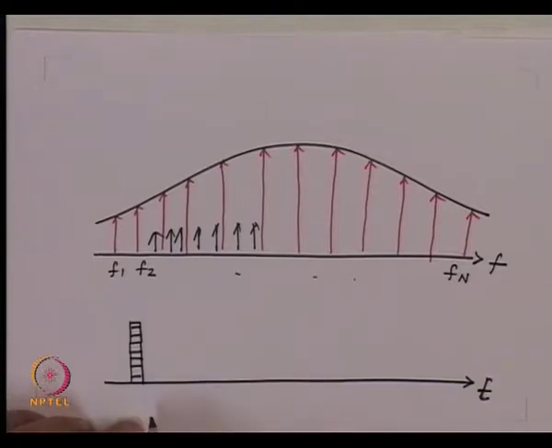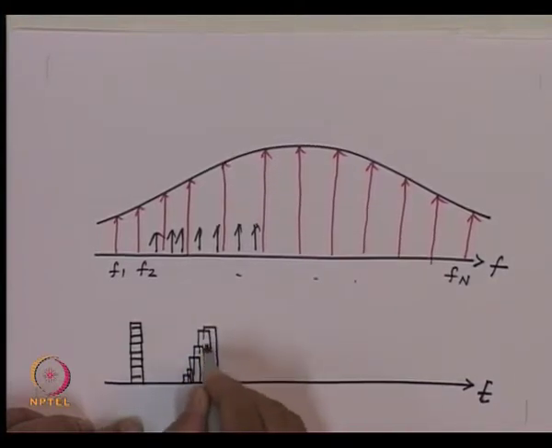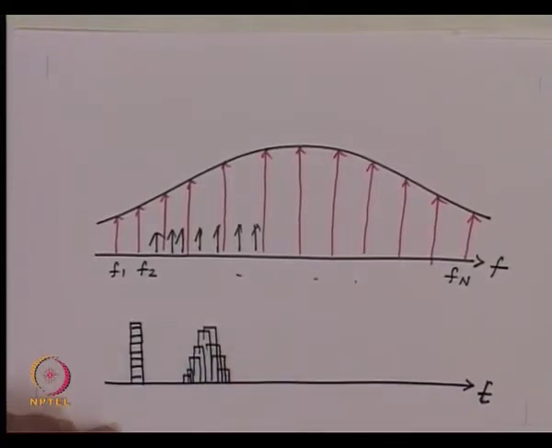So if I go a certain distance, you will see that the pulse will now be separated a little bit, like this, where this Fn has reached here and this is F1.